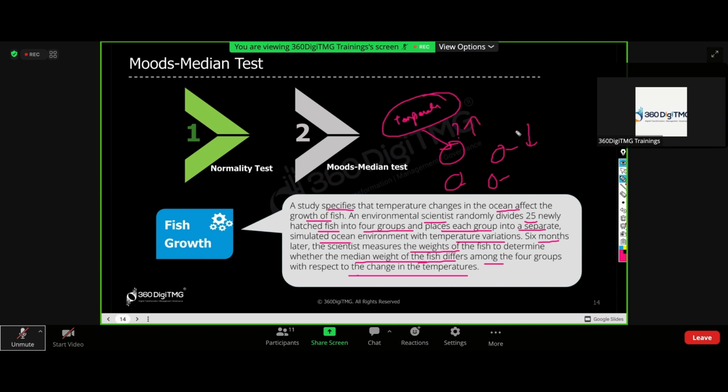Is it positive or negative when it comes to the weight of the fish? So this is something you can identify using Mood's median test, because you are taking the median weights of the fish and comparing them.